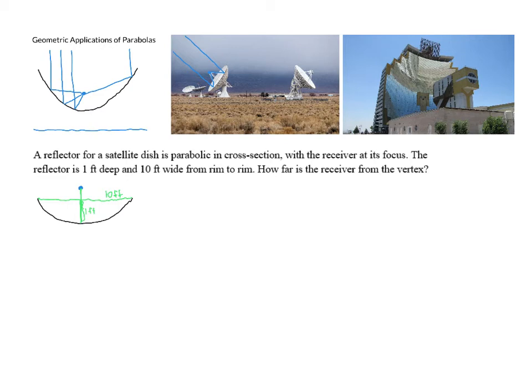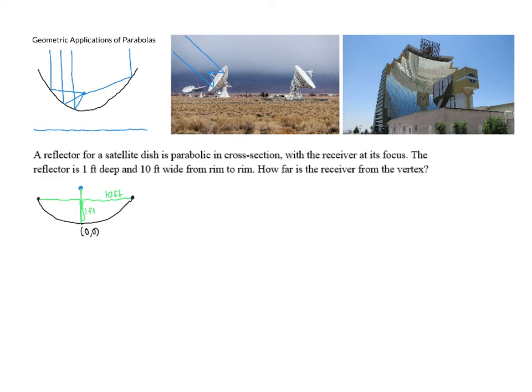Now, we have a parabola here, and we're going to make life easier by deciding that the vertex is at the origin, like all of the parabolas that we've dealt with, and we need to figure out what the equation is for this parabola, because once we know the equation, we'll be able to figure out how far away the receiver, or the focus, is from the vertex. Now, we also can figure out the coordinates for these 2 points.